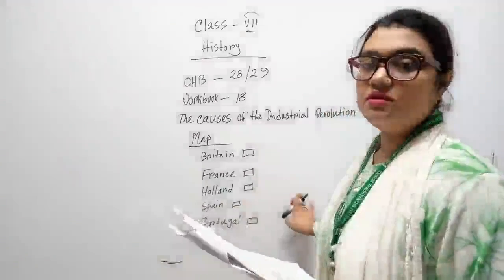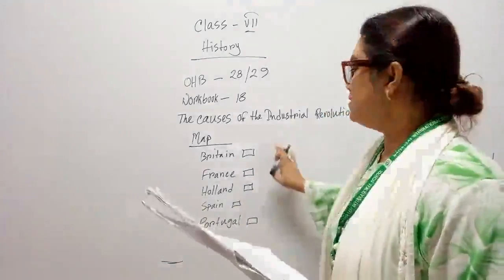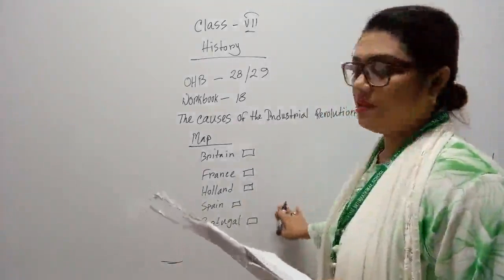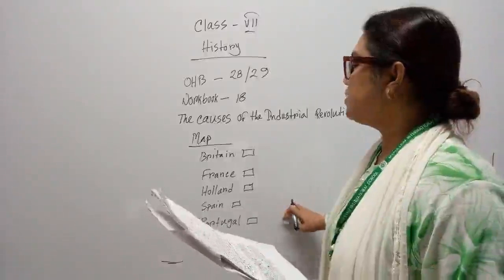We will label these five places. We will color these five places inside the map, and we will label them outside of the map.